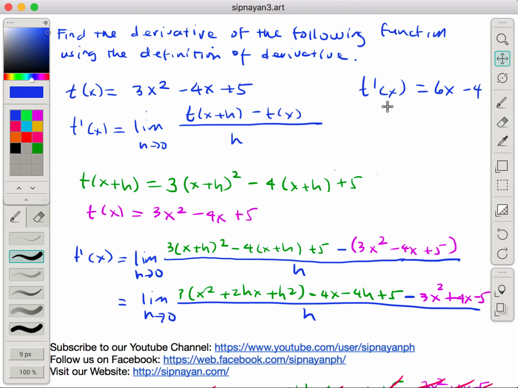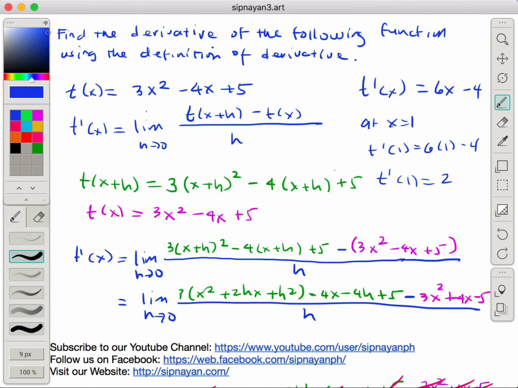At x equals 1, what is the slope? That means f prime of 1, which is 6 times 1 minus 4. f prime of 1. 6 minus 4 is 2.